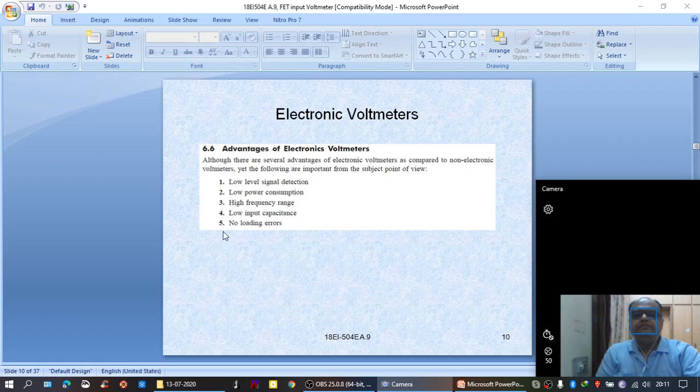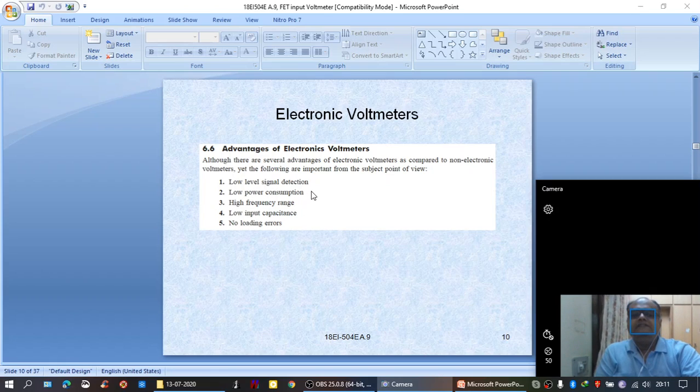At least we should know these advantages. Many more advantages are there, but apart from that, these are very important. Okay.